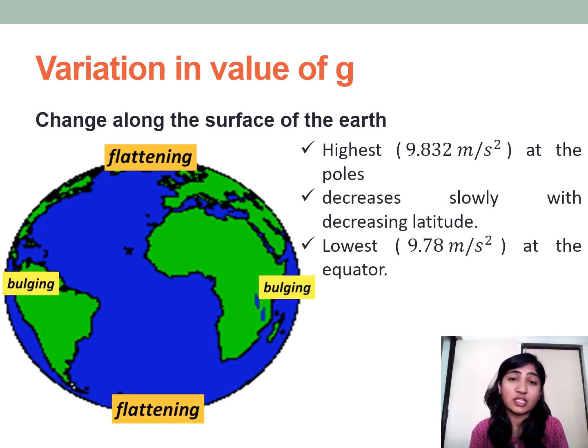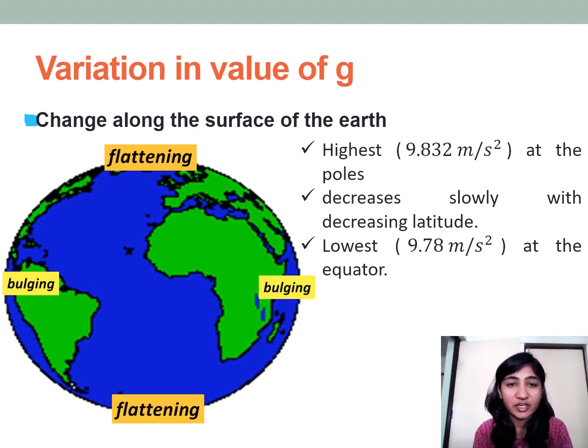So let us see the variation in the value of g. The first point is the change along the surface of the Earth, or at any point on the Earth's surface, how will be the value of g. Let us see this diagram.